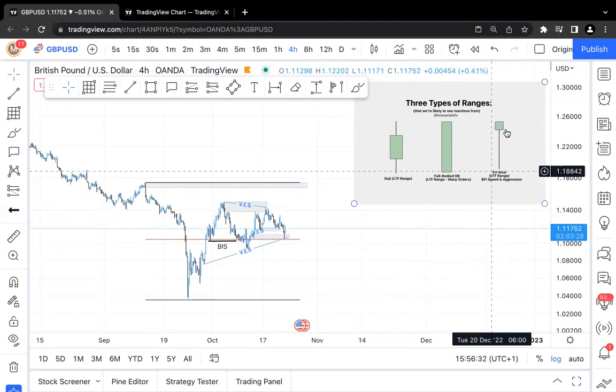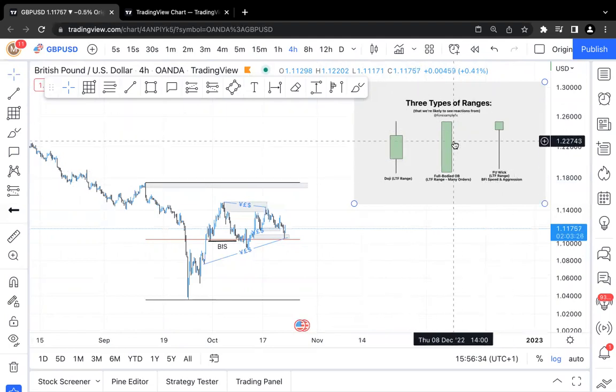These are all representations of lower time frame ranges. And also we factor in that any candles that are bunched together, no matter what they look like, where there are 3 or more gathered, there is a lower time frame range.